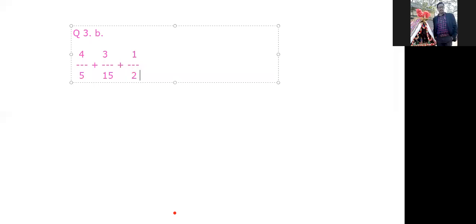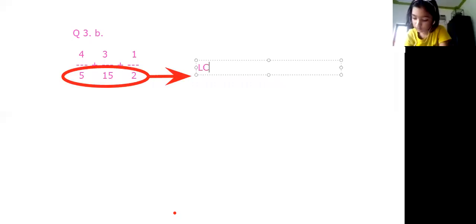If you watch carefully, what do we have to do? We have to find the LCM of these 3 denominators. So how do we find the LCM of the denominators?